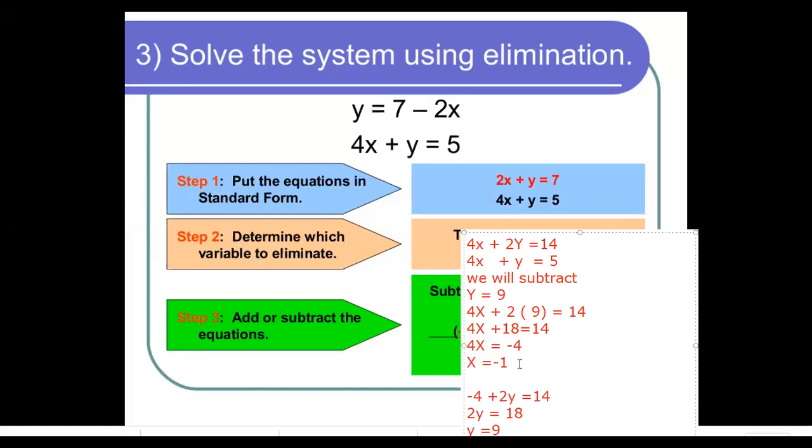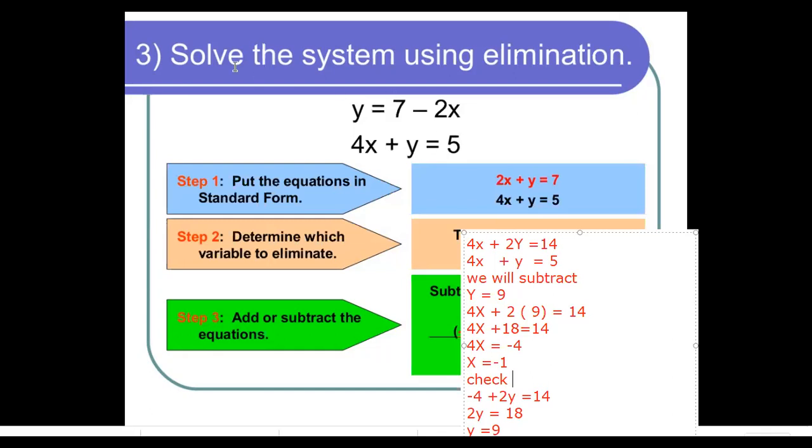Here we want to check. This part was only to check your answer. We found that the value of y equals 9, and when you replace using x equals -1 and y equals 9, you will satisfy the equation.